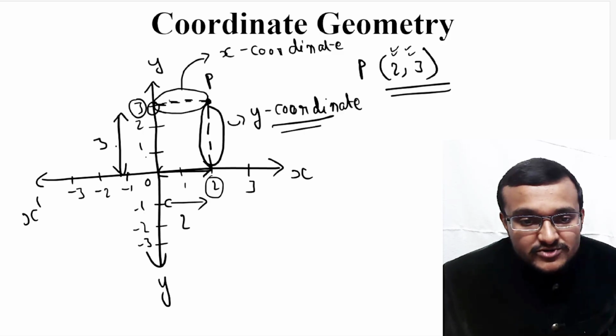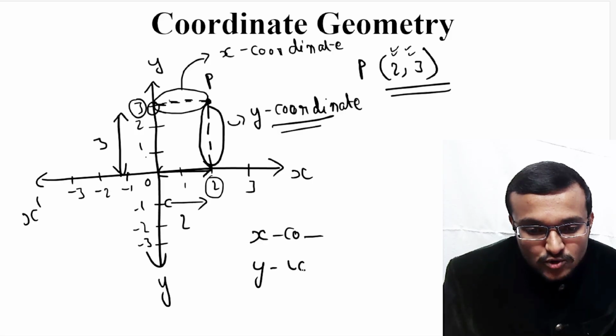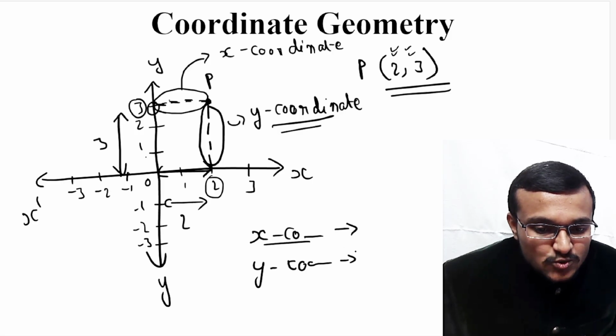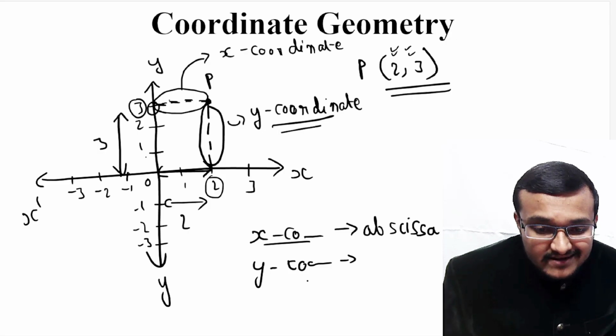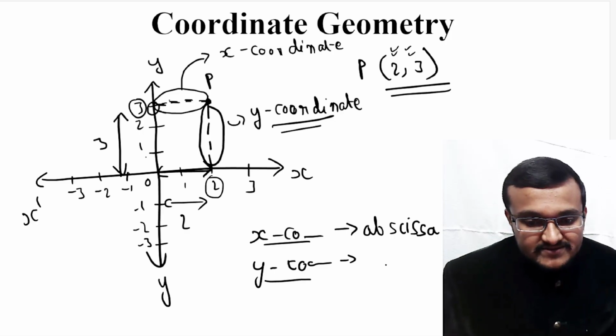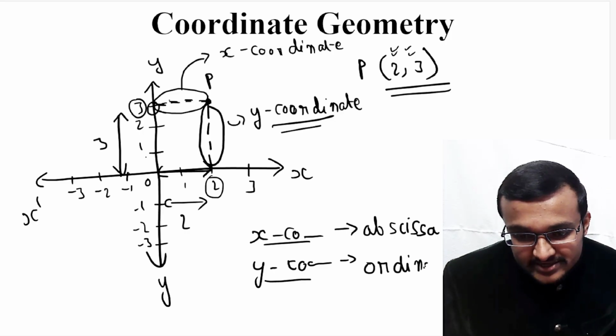So we have x coordinate and y coordinate. One more thing you have to remember: x coordinate is always known as abscissa, and y coordinate is always known as ordinate.